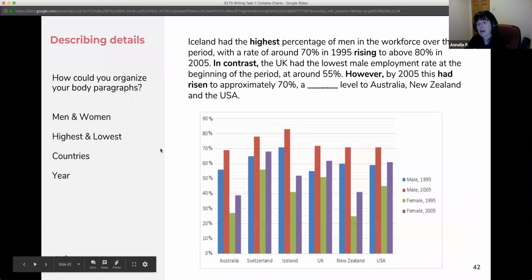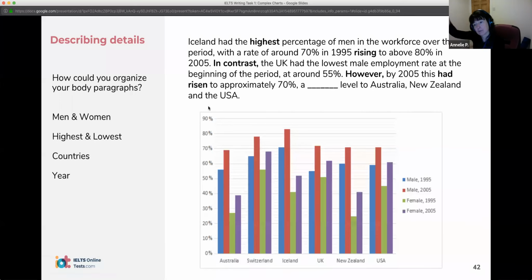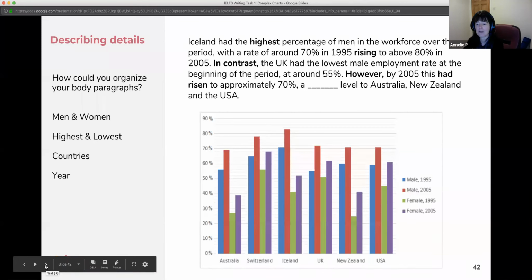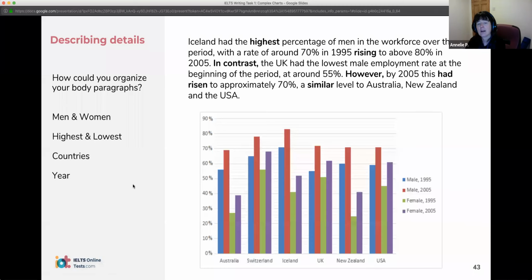Okay, so remember that when you use by, had risen, because it's before that point in time, okay, to approximately 70%, okay, and then if we're comparing that to the figures for Australia, New Zealand, and the USA, it's a very good, Vasiliki, a similar level, okay, a similar level to the other.